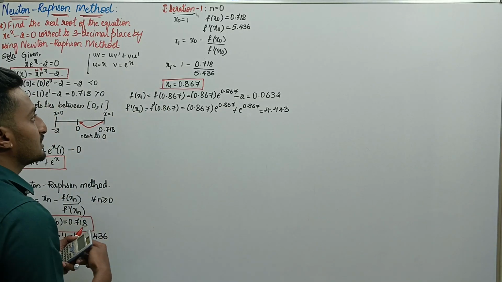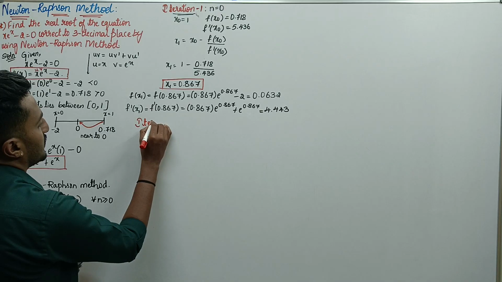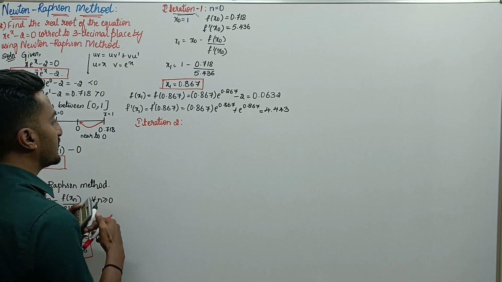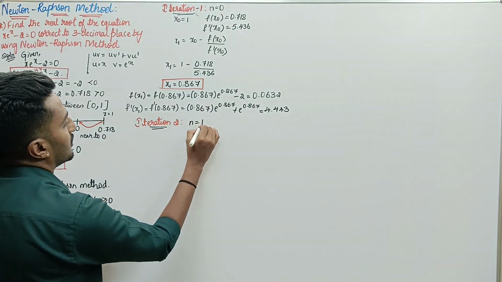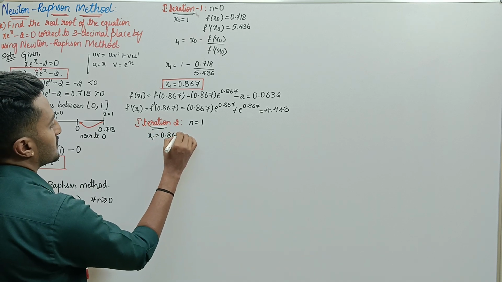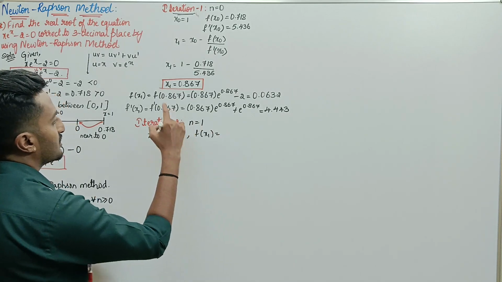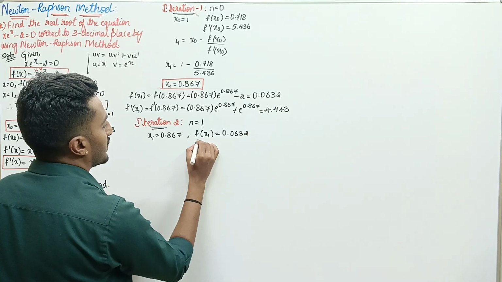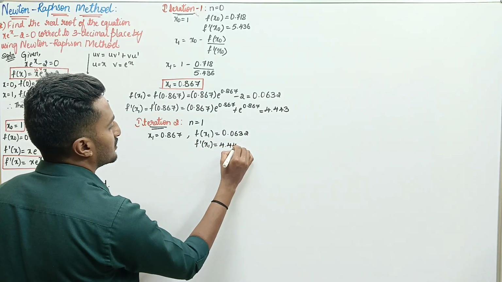Considering these values, let us find the iteration number 2 value. To find iteration number 2, the value of n will be equal to 1. So x1 is equal to 0.867, f of x1 is equal to 0.0632 and f dash of x1 is equal to 4.443.